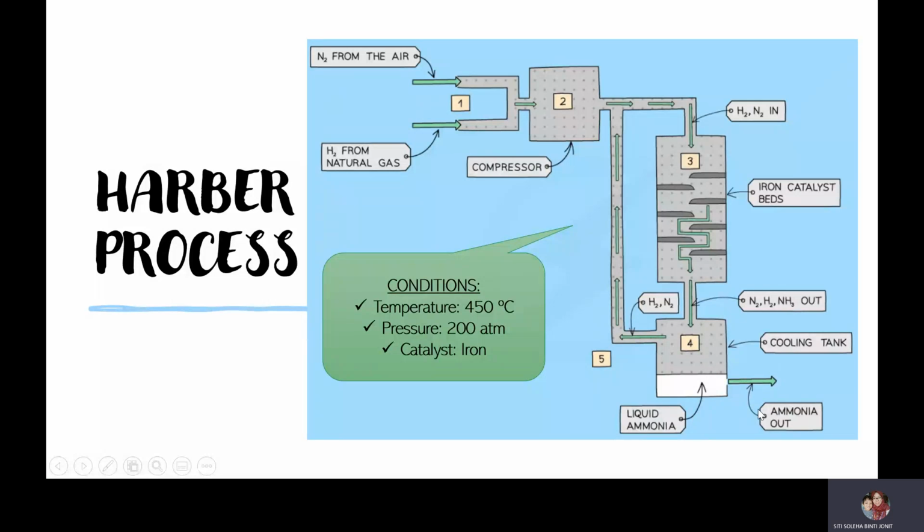Okay, this is our final product. So in this process, there are 3 conditions. Temperature is 450 degrees C, pressure is 200 atm, and the catalyst used is iron. The function of the catalyst here is to speed up the reaction.